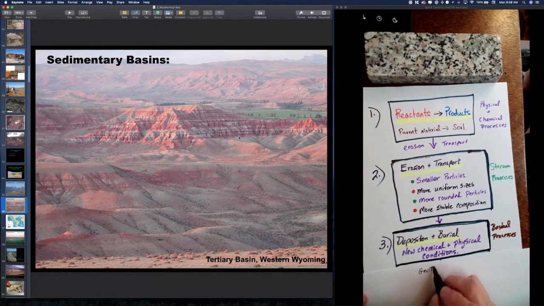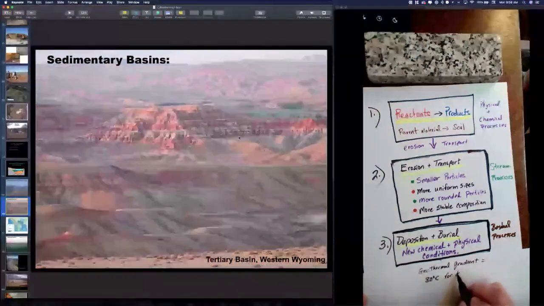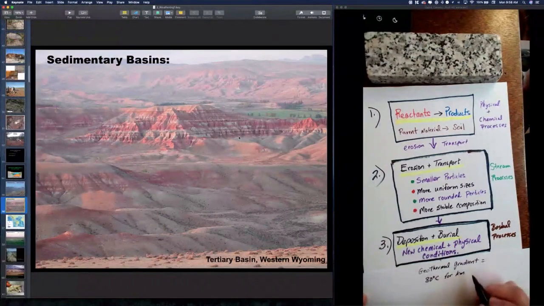Geothermal gradient, it's about, on average, 30 degrees C for every kilometer that you go down.